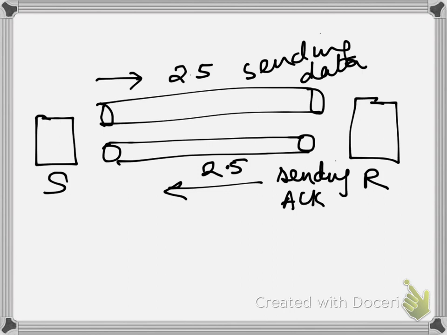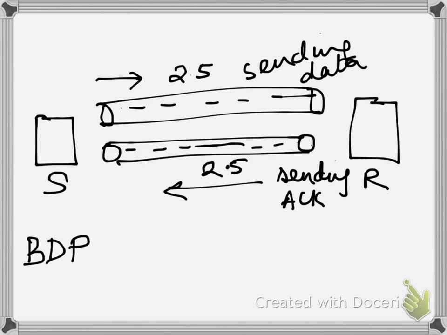So at any point of time the BDP gives how many bits can be held in the pipe at its full capacity. So this pipe is full and this pipe is full, so that is how many bits can be there in the two pipes, the sending pipe and the receiving pipe, used to their full capacity. Now why do we want full capacity?